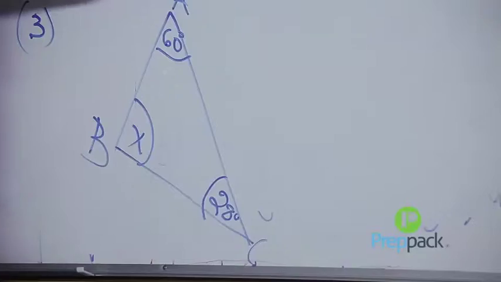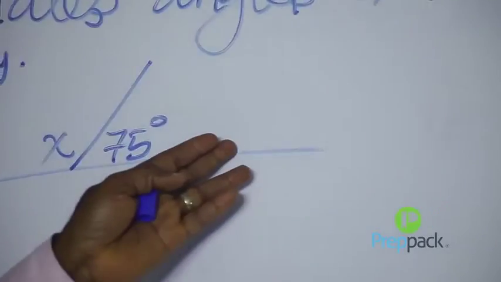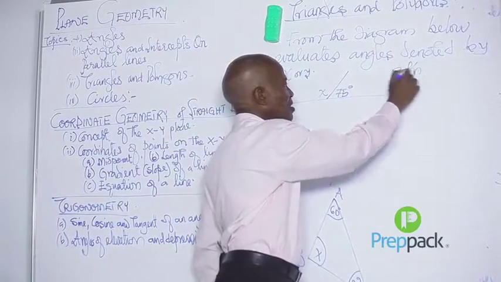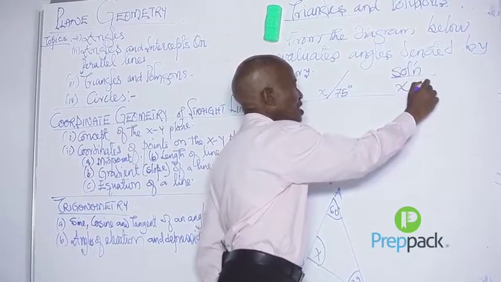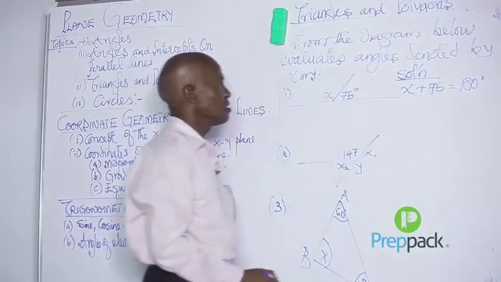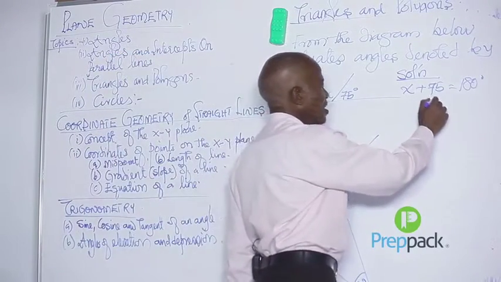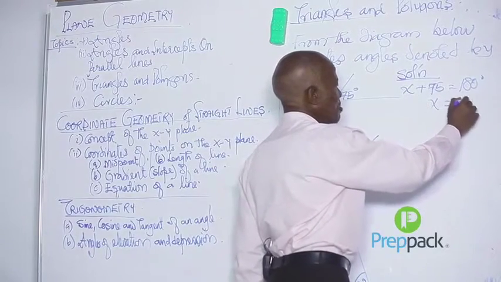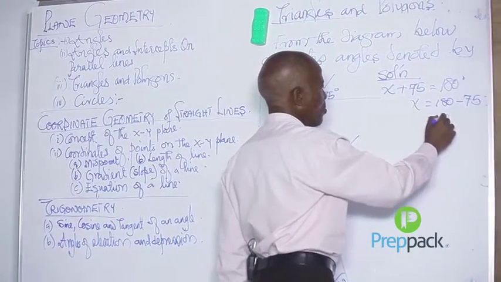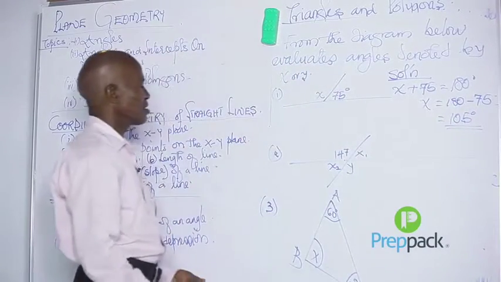This is a straight line. Angle on a straight line, we know it is 180. And so, the solution to this: X plus 75 equals 180 degrees. Subtracting 75 from both sides, we have X remaining, and this becomes 180 minus 75. And so this gives us 105 degrees. That is the value of X there.